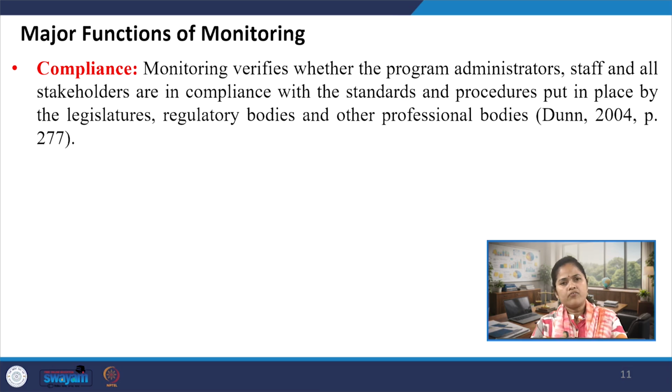Generally, there are two types of policy compliance. The first is regulatory compliance. If there is a standard regulation, then the agency or the organization must follow it, since there is a regulation on that particular activity.